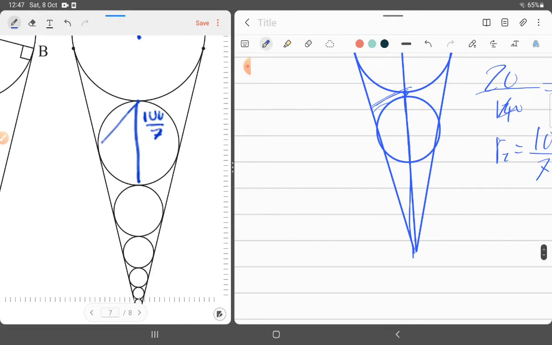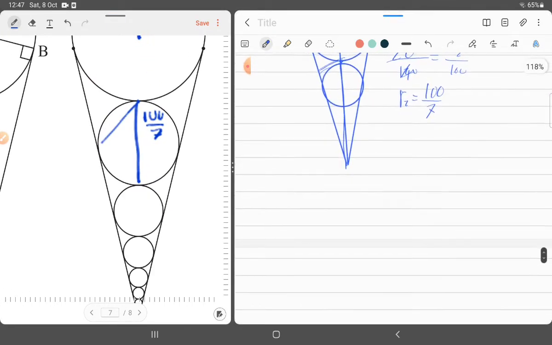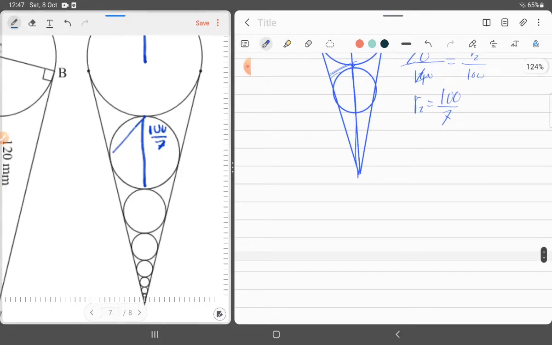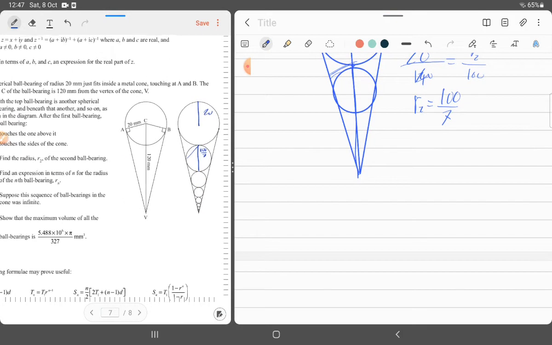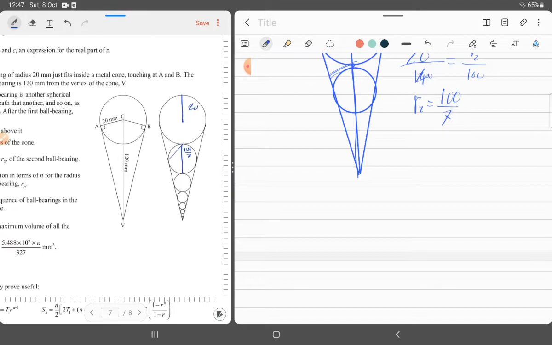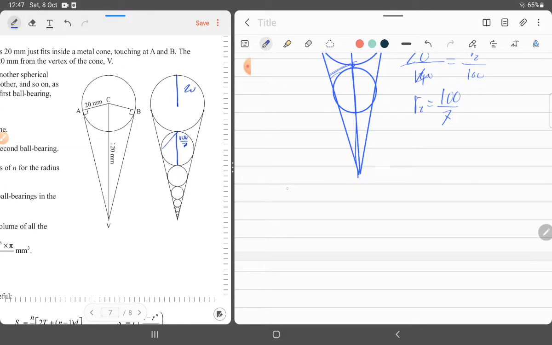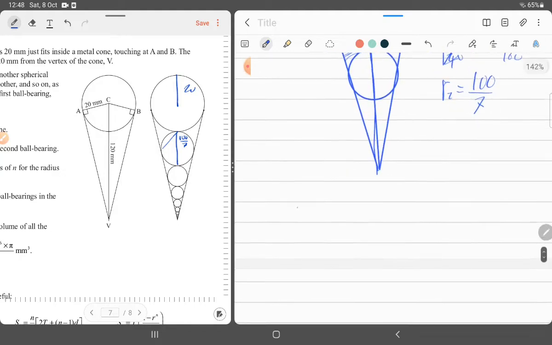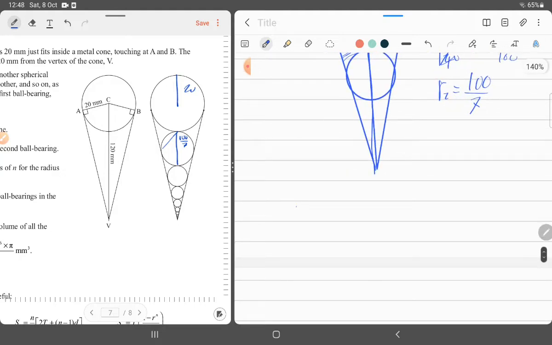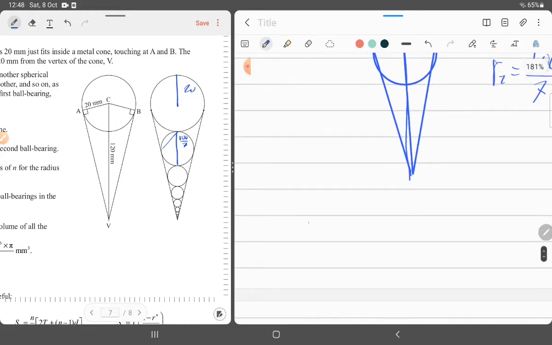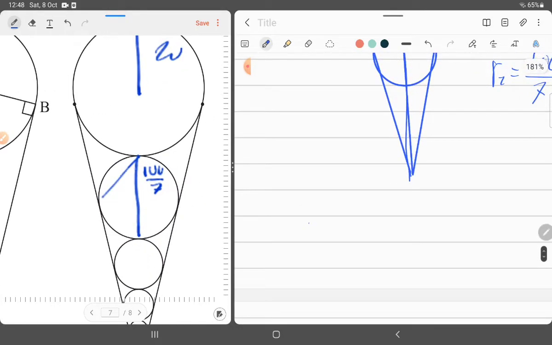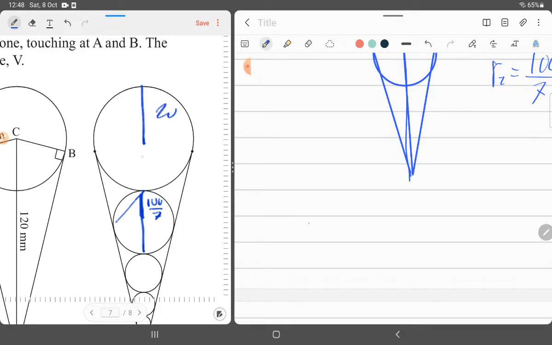So I mean no, just figuring out a pattern. I don't know. So this length is 100/7. Right, so that's 240.